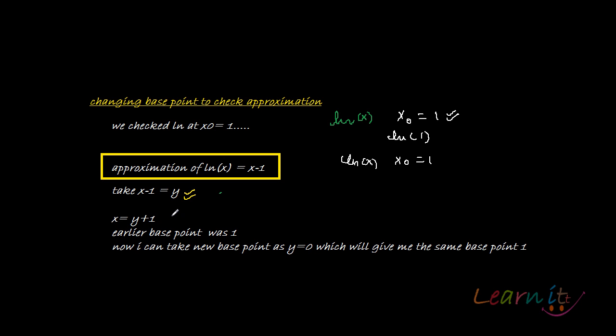Earlier my base point was 1. Now I can take a new base point y to be 0 and check accordingly, and it will be almost the same as checking at the base point x equals 1, because y as a base point equals 0.